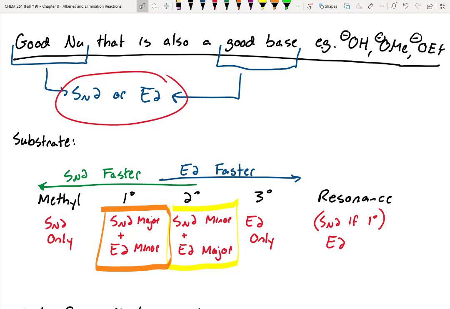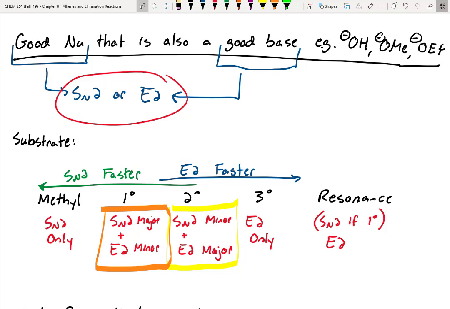We were able to slow down, ask ourselves about the rate, and infer which one would be fastest. If you understand the why behind each of these, you'll be in really good shape. Students that just brute force memorize flowcharts, it gets too crazy in your head. It's a lot better to understand the why and the mechanics behind everything than to just blindly follow a flowchart. So that's my advice to you as you're studying.